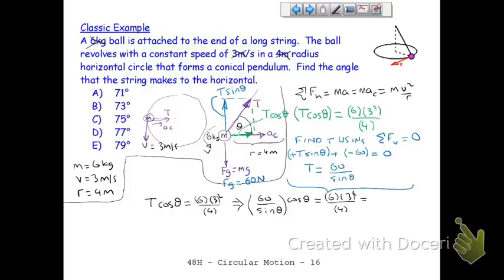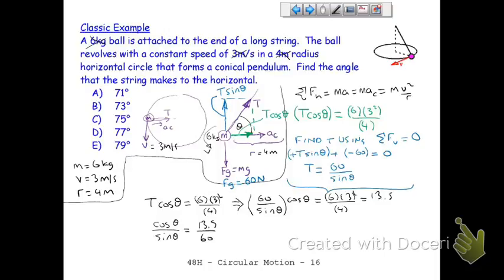No, 13 and a half, yeah? Okay. So, next line, we say, okay, cosine theta over sine theta is equal to 13.5 over 60.